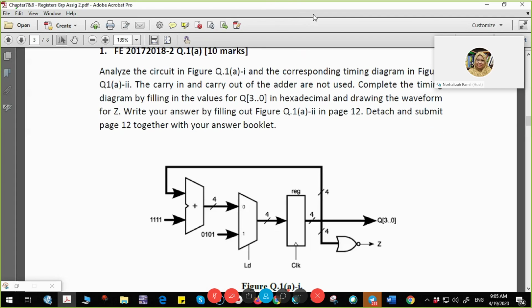Okay. So siapa? Siapa yang akan ada 33 partisipan hari ni? Siapa sepatutnya tadi?